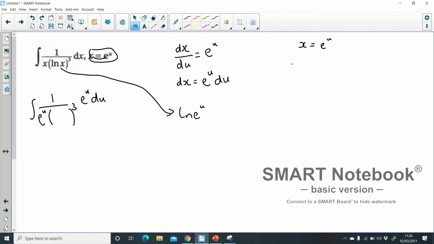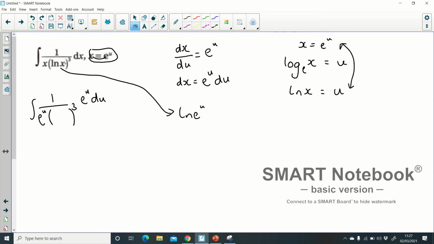And if I was writing this in log form, that is log to base e of x, the answer, is equal to u. Or in other words, we don't say log to base e normally, we just replace that by ln. So that's ln of x is equal to u. These two things mean exactly the same thing, just one's in index form, one's in log form.